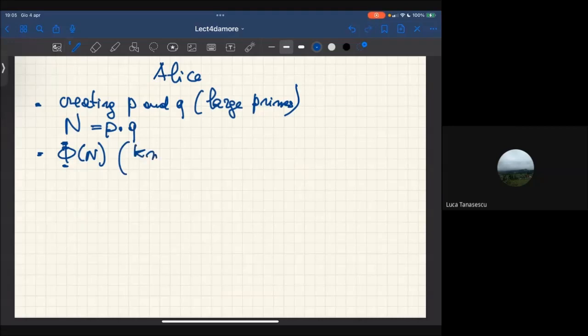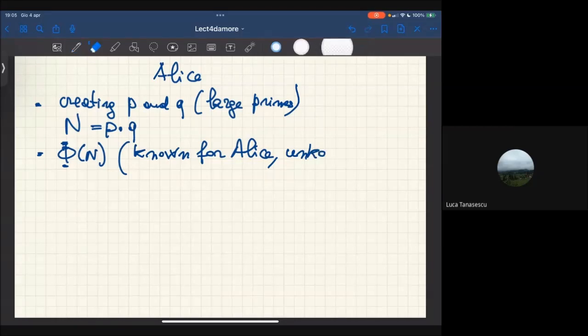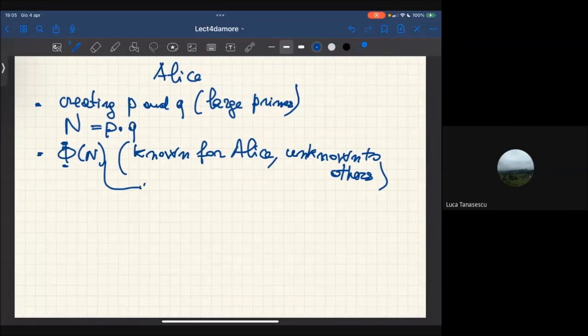This is known for Alice. Unknown to others. And we know that phi of n is p minus 1 times q minus 1.